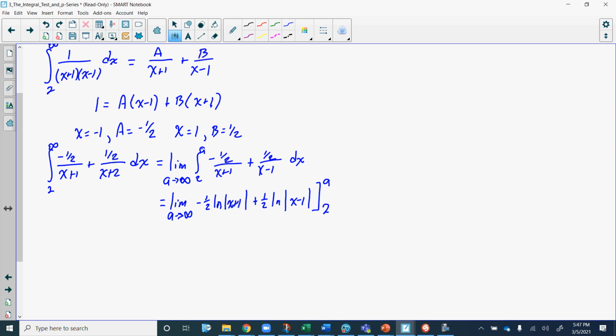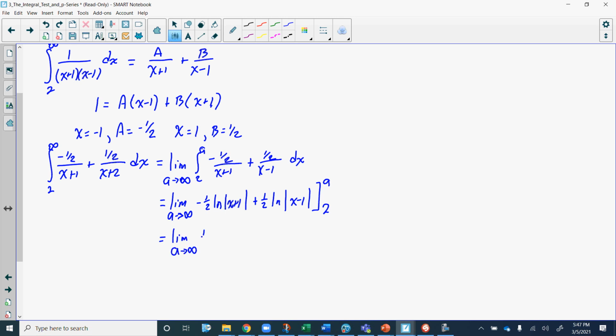Okay, so now let's see what we get here. Looking at the values here, if I factor out a 1/2, let's go ahead and just take the limit as a approaches infinity.